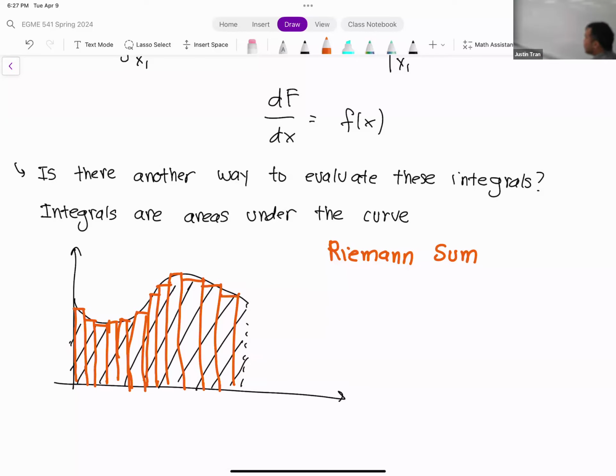Then, even though you couldn't compute the area of a generic curve, you could compute the area of a rectangle, and then you add all those things up together.